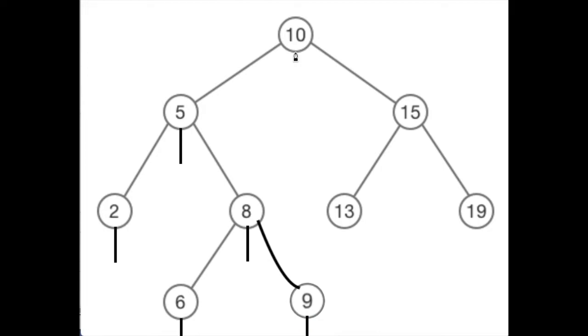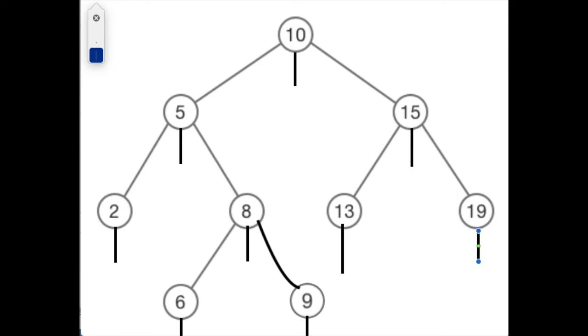10, we can finally print because all the left traversal is complete. Now we can traverse right. So traverse right to 15, 15 traverses left to 13, 13 cannot traverse left, so it prints. Back to 15, 15 can finally print now, and finally 15 goes right to 19. 19 can't go left because it's a leaf, so it prints and it cannot go right.